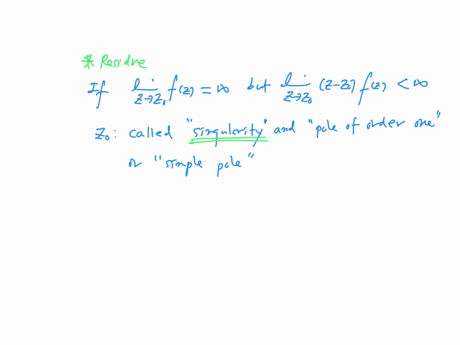For example, when f(z) is 1 over z minus 2, obviously when z is equal to 2, what happens?